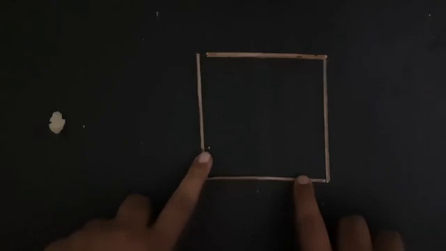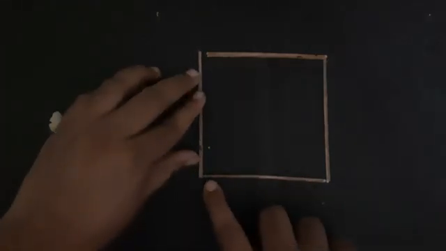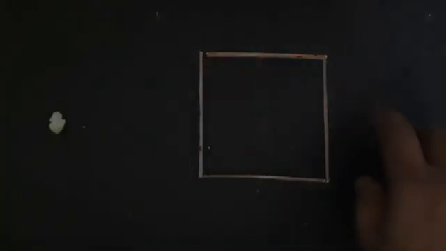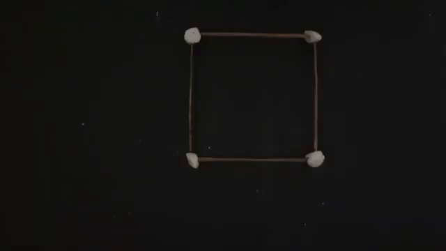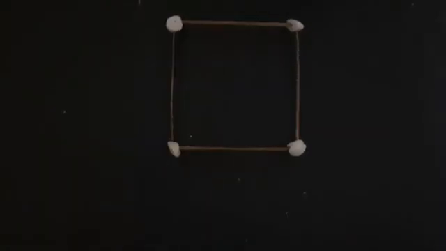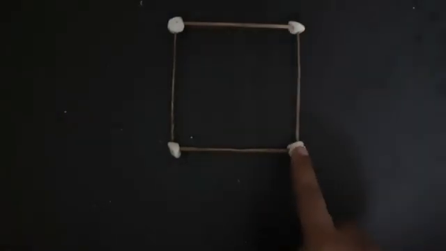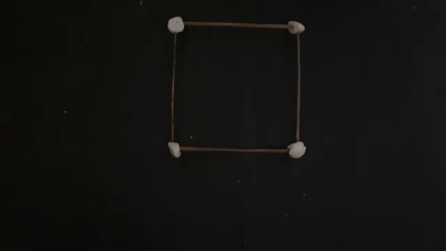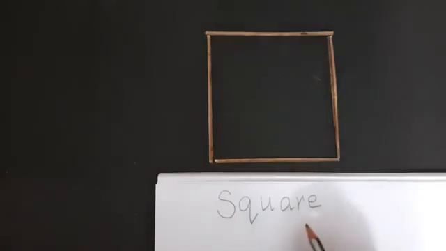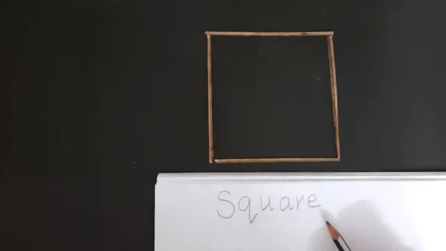Here also we have one corner. So 1, 2, 3, 4. We have 4 corners. This shape we call a square. S Q U A R E, square.